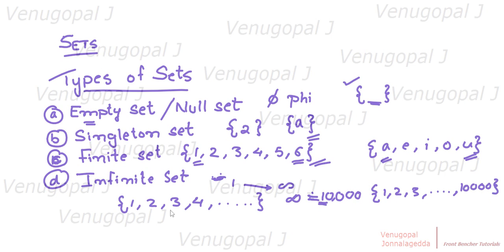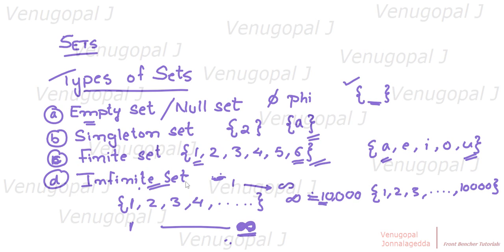But if it does not end and we define the set of natural numbers, natural numbers start from any one number to any number which is a positive integer. So it is quite difficult to represent it. It's a set, but at the same time it's an infinite set. It goes to infinity. Infinite, infinity, both are relative to each other. What we are saying is it goes to any positive integer.